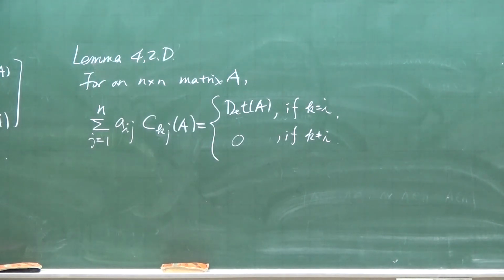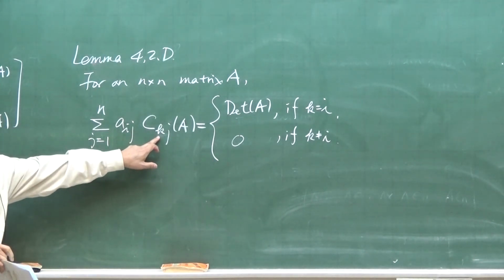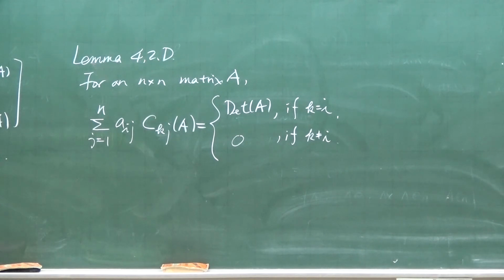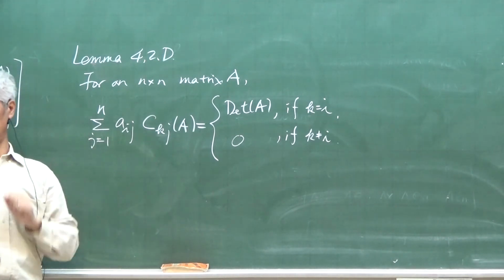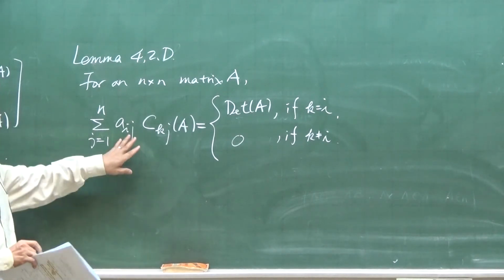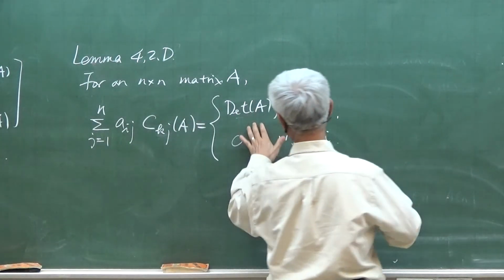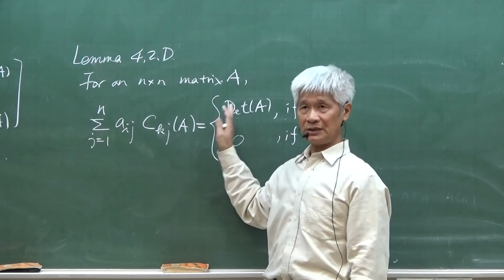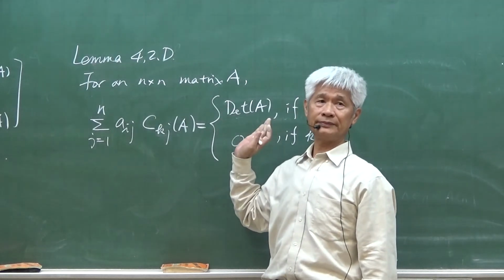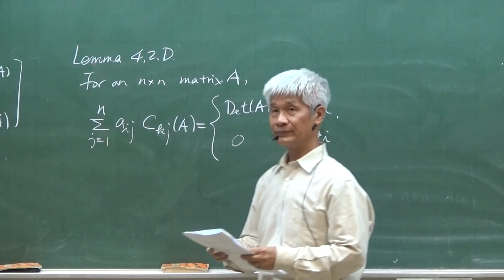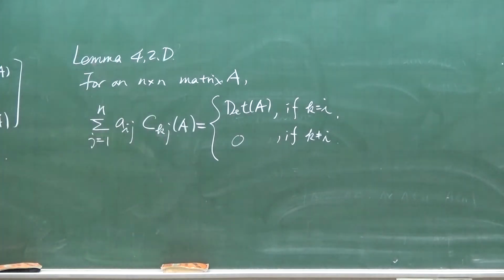If we match the product with different rows from the cofactor matrix, then the result becomes 0. But if we match k equal to i, then the summation is our determinant of A. So this is very interesting. Okay, so the proof.